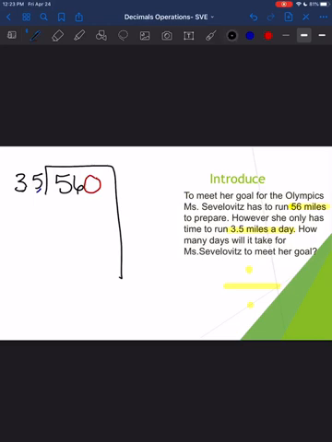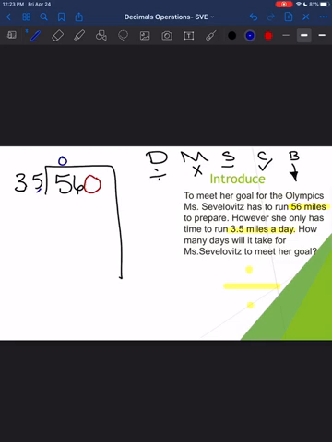So I'm going to continue on with my divide, multiply, subtract, check, bring down method, and divide as normal. Looking at how many groups of 35 I can get out of 5, of course, that is 0.